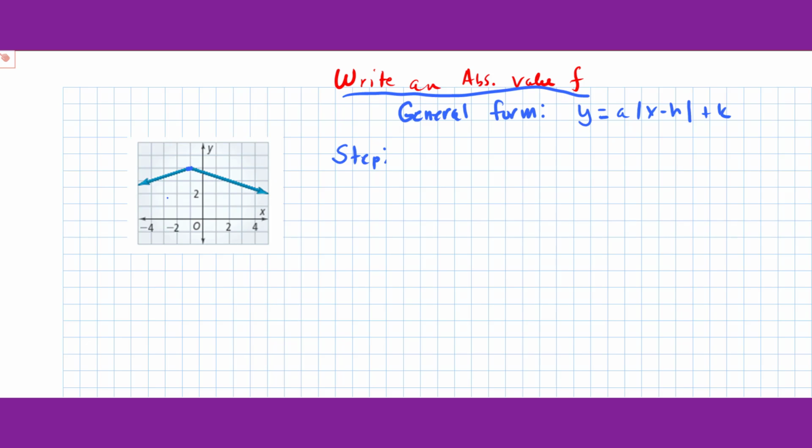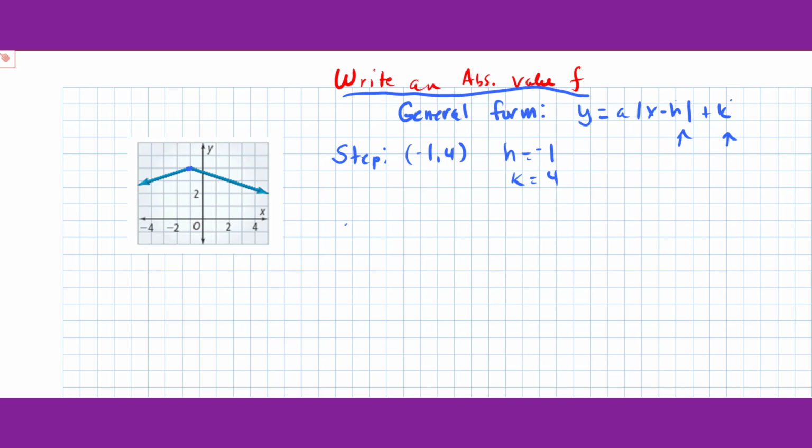All right, so the vertex is at -1, 4. Because that vertex is at -1, h equal -1. And my k value is 4. So we already know 2 of these, h and k.